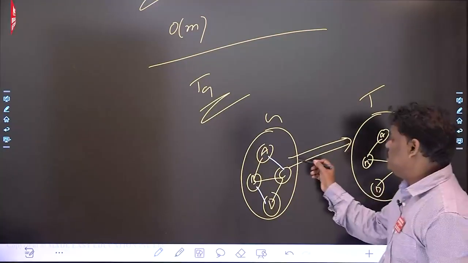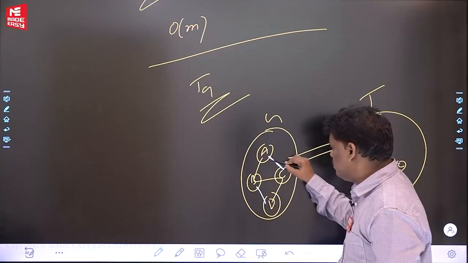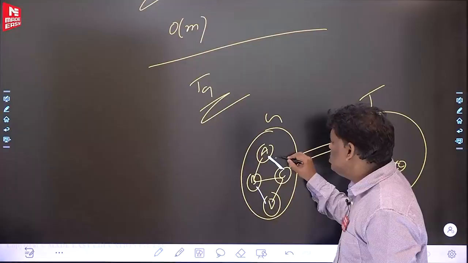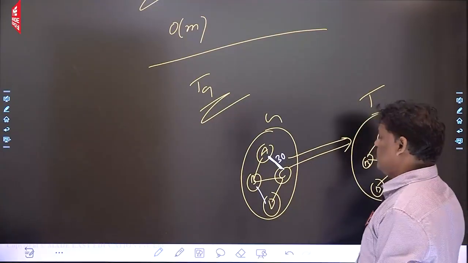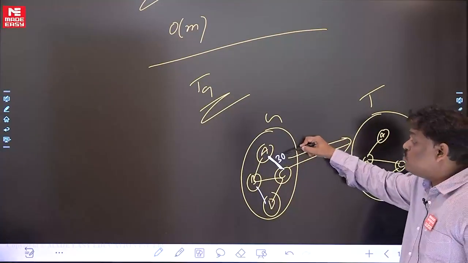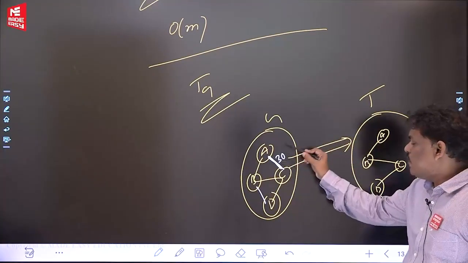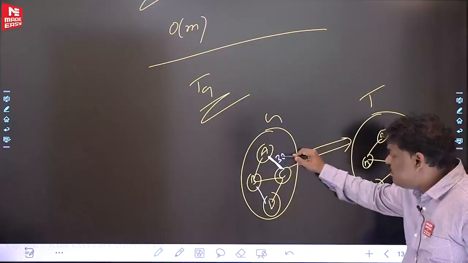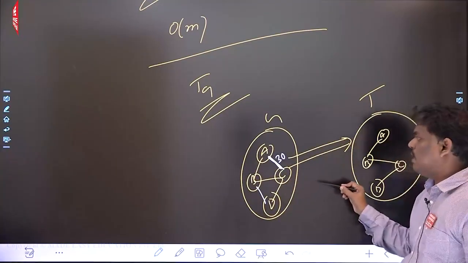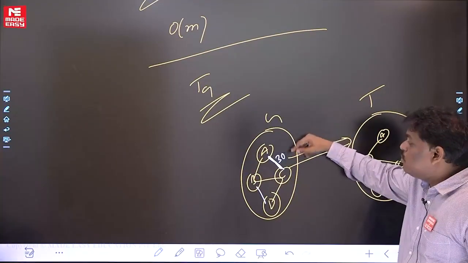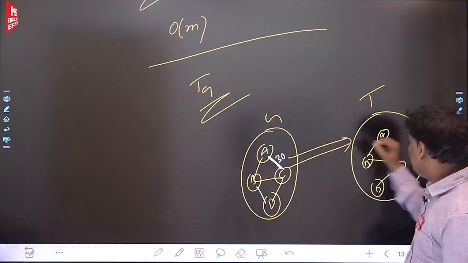Let's talk about some edge. This is the edge, listen. This edge weight is 30, assume. In the given graph there is one edge of weight 30. On this graph, where this edge weight is 30 and some more edges are there, I applied the minimum cost spanning tree concept and got the MST like this.